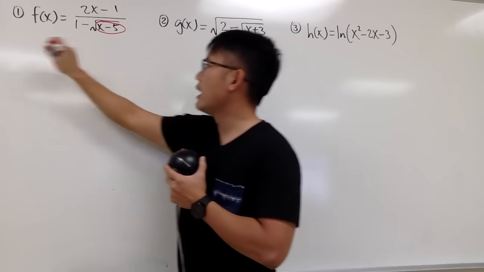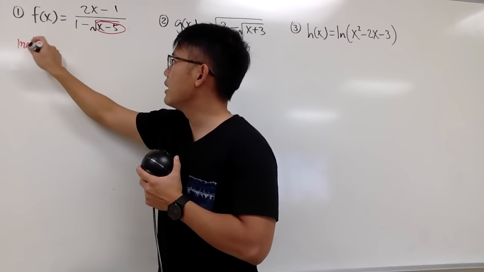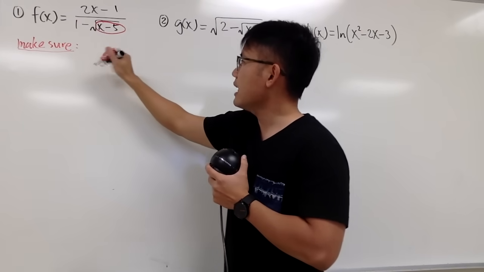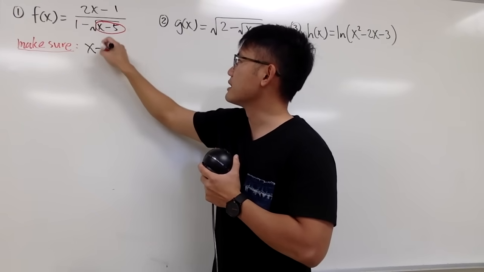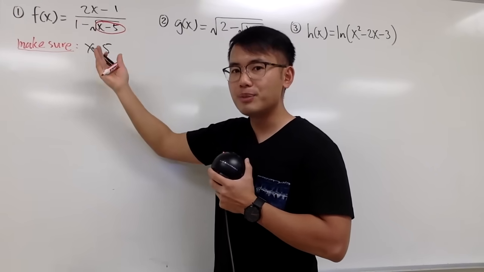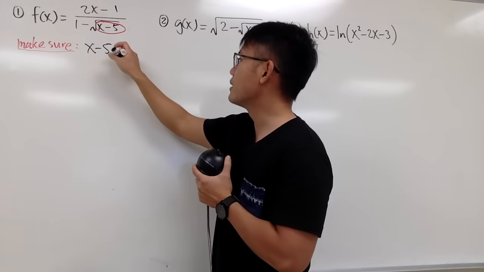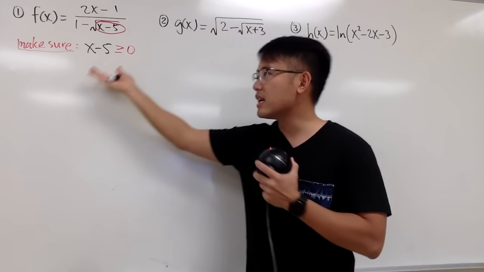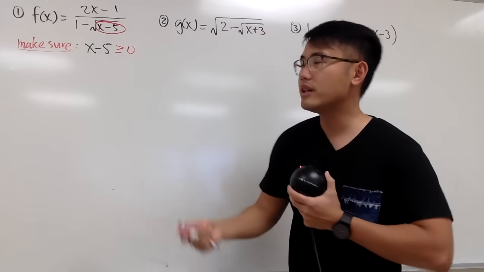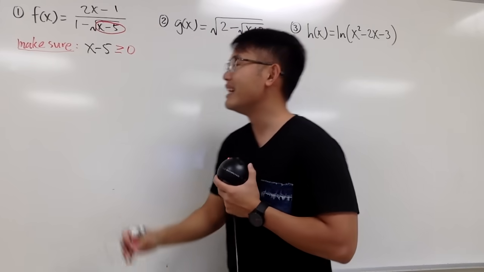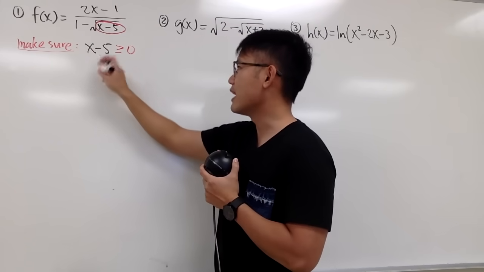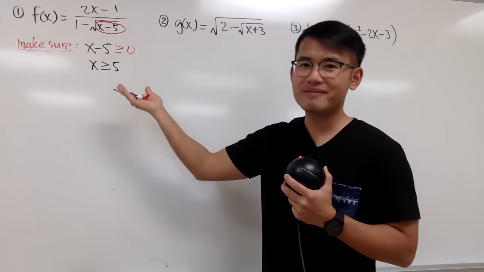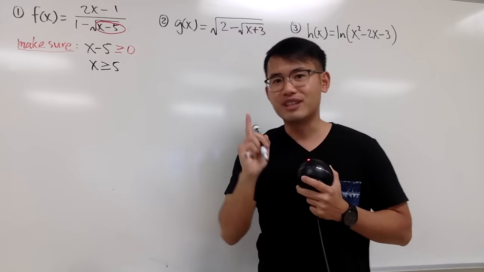In another word, I want to make sure the inside of the square root, which is x minus 5 in this case, has to be non-negative, in another word, greater than or equal to 0. And this is how we can set up an inequality to give the condition on the x for the function. And from here, you can just add the 5 on both sides, and you get x is greater than or equal to 5. That's pretty much it. But this is just the first condition.